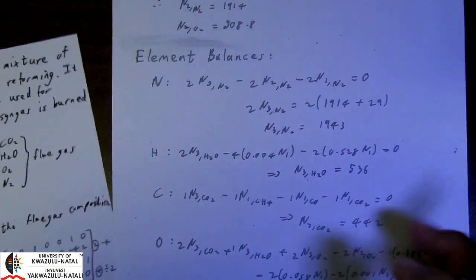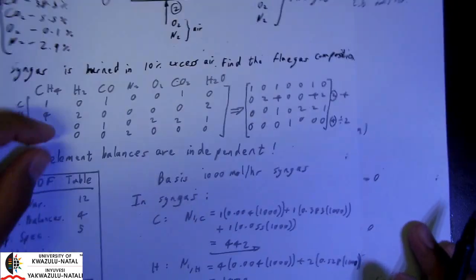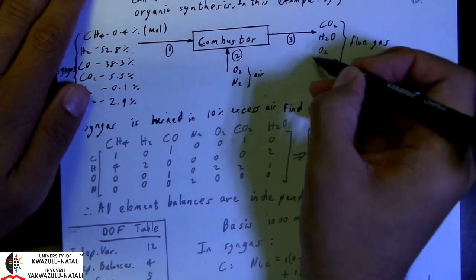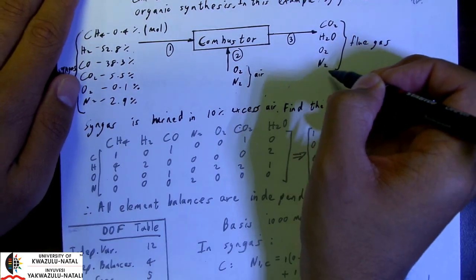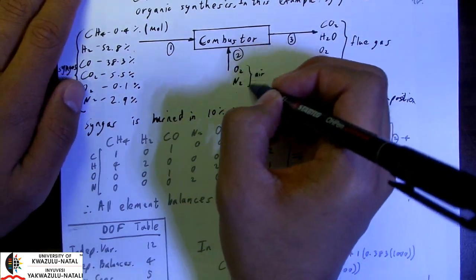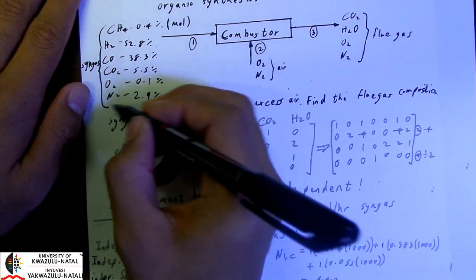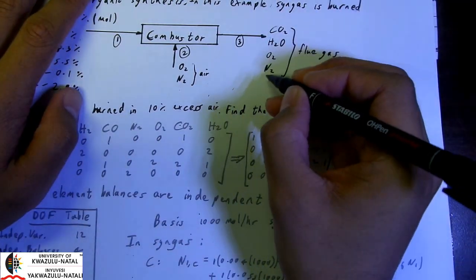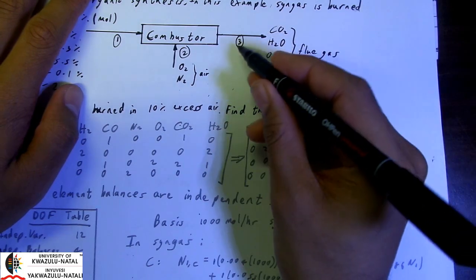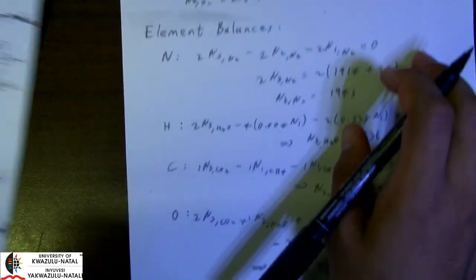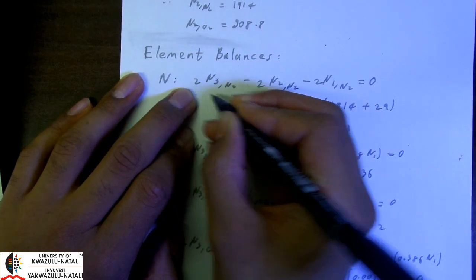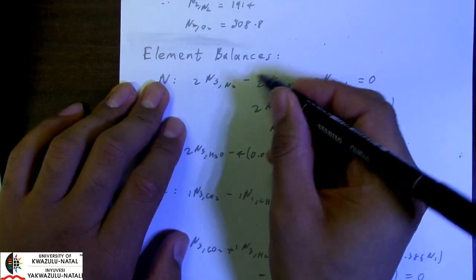and let's look at it for nitrogen. So we have our moles of nitrogen here, and that should be equal to our moles of nitrogen here plus our moles of nitrogen in the syngas. So I have 2 multiplied by N3 of N2. Okay, here it is here. Subtracting the nitrogen in the air.